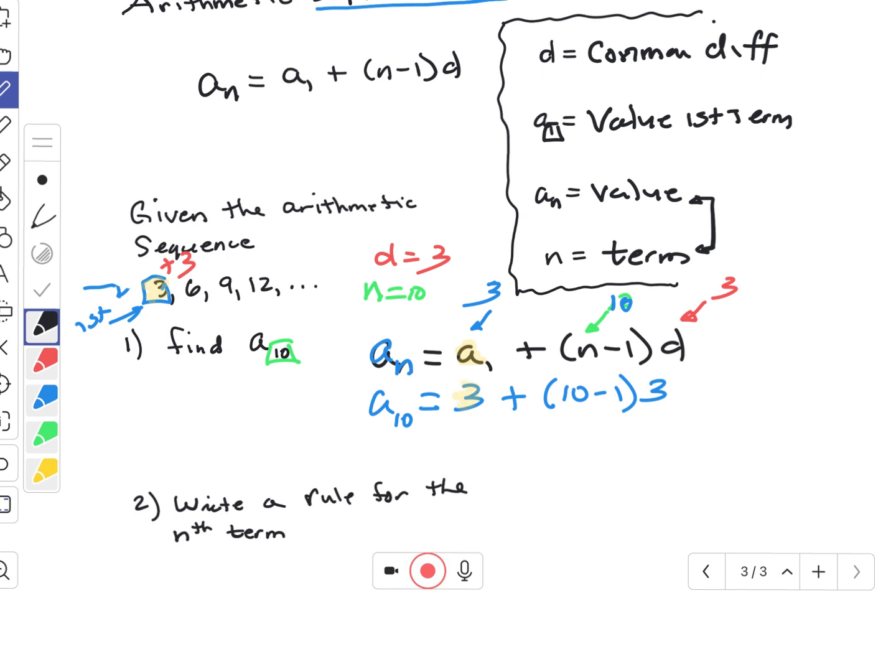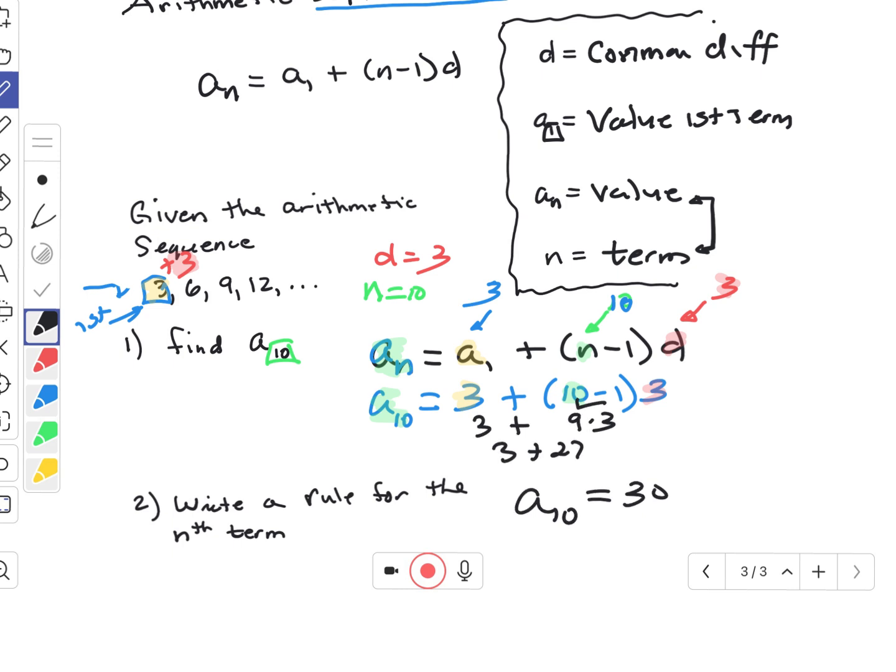We know the common difference happens to also be 3, and we are searching for the value of the 10th term. And then we can just do the math. So this is 3 plus 9 times 3, because 10 minus 1 is 9. So that's 3 plus 27. So that means the 10th term has a value of 30.